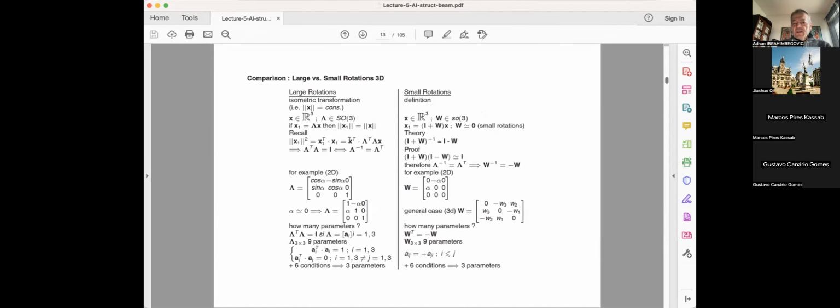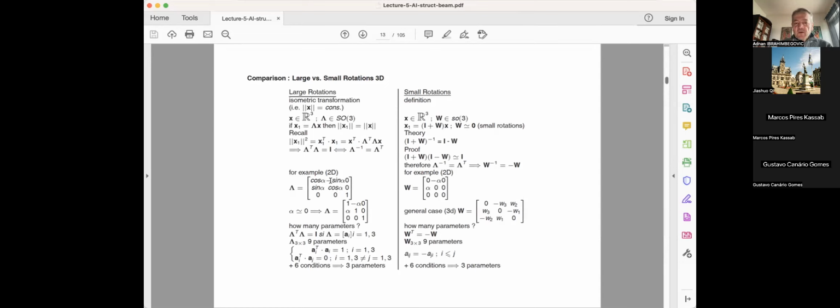And this is equal to x transpose lambda transpose lambda x. That means this is basically lambda x, all transpose, dot lambda x, and then you put this lambda on the other side, so it becomes lambda transpose. If you really want these to be the same, that implies that lambda transpose lambda should be equal to identity. In other words, lambda minus 1 is the same as lambda transpose. So this is your typical large rotation.